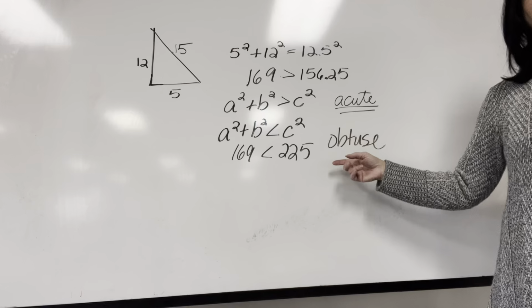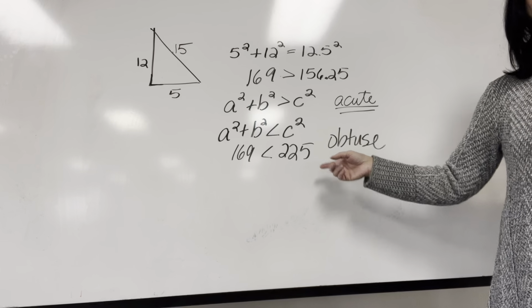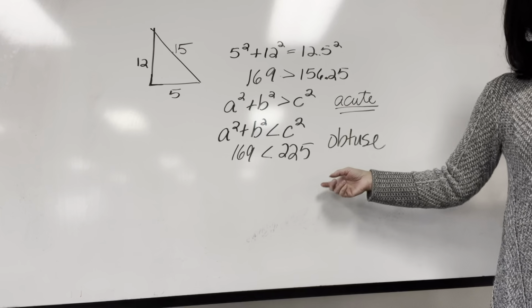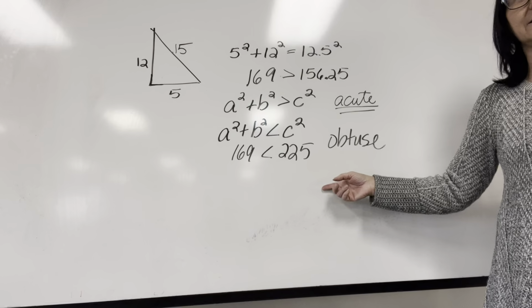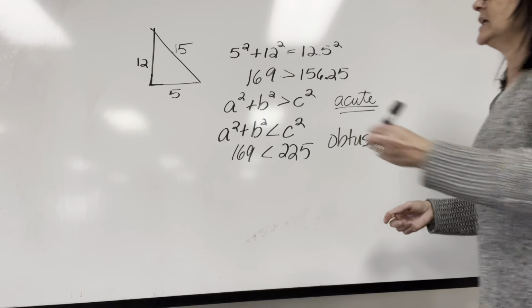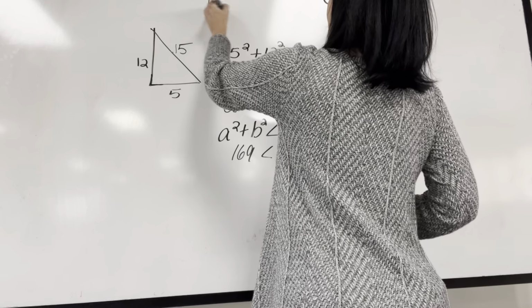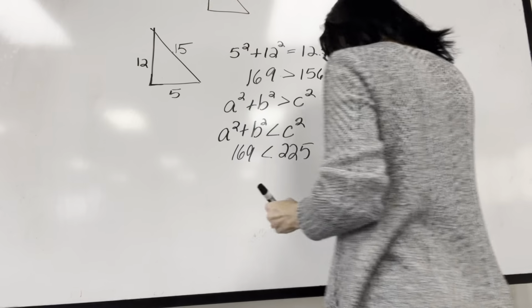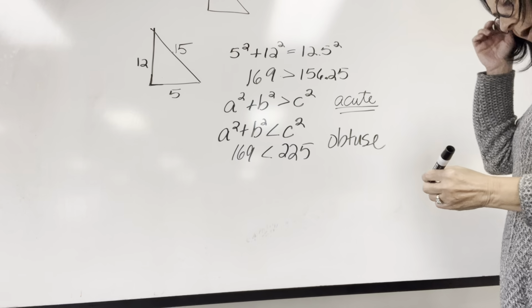All right, I don't see everyone writing this down, because I just said this is going to be on the test. I may give you a triangle. All right, so now I'm just going to make up a triangle.